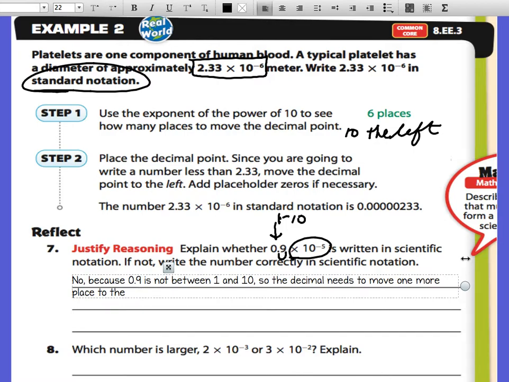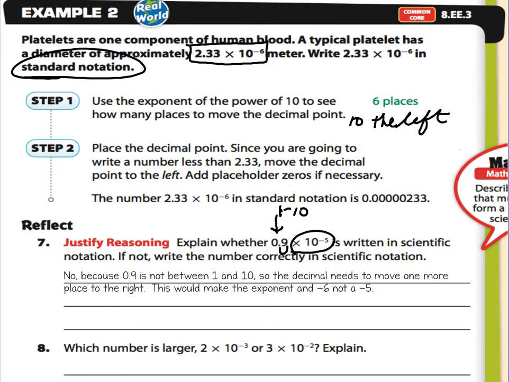I'm sorry, right. This would make the exponent a 4, not a 5. Okay, so then in this case, you would have 9 times 10 to the 4.